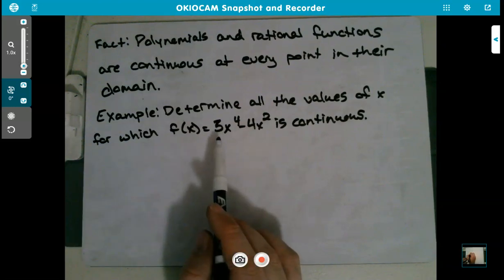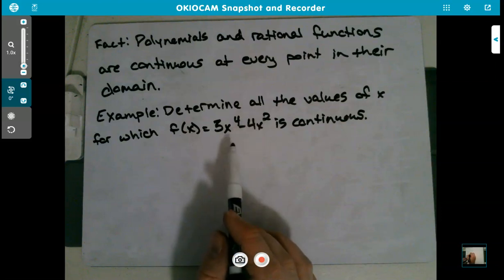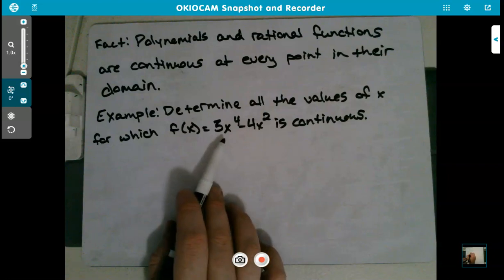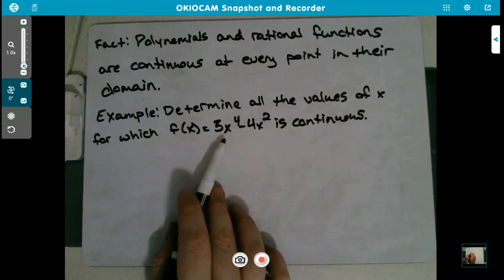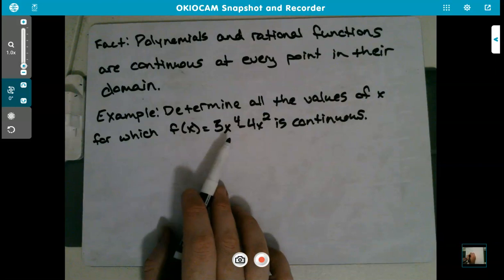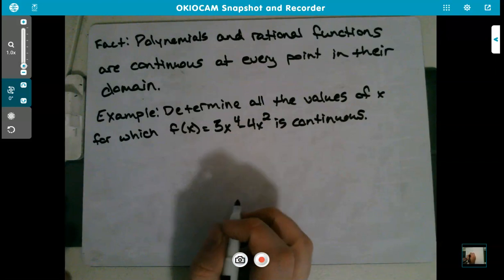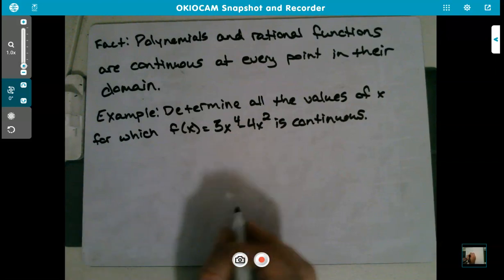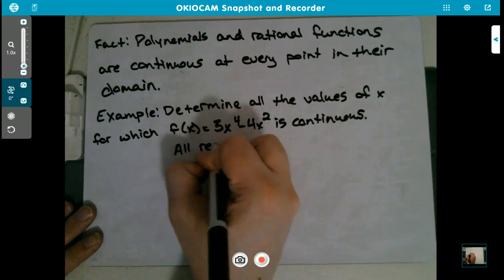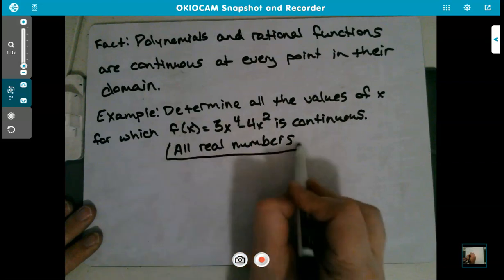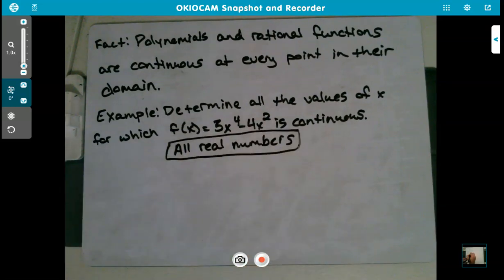So I've got to see what is the domain. That's really what they want to know here, what the domain is. So remember, we learned how I find that is I want to see, are there any domain restrictions here? And there's not, right? The domain is everything. I can plug in whatever value for x I want to, and therefore it is continuous for all real numbers. Again, because there's not a value of x that I can't plug in. So they will all work out.